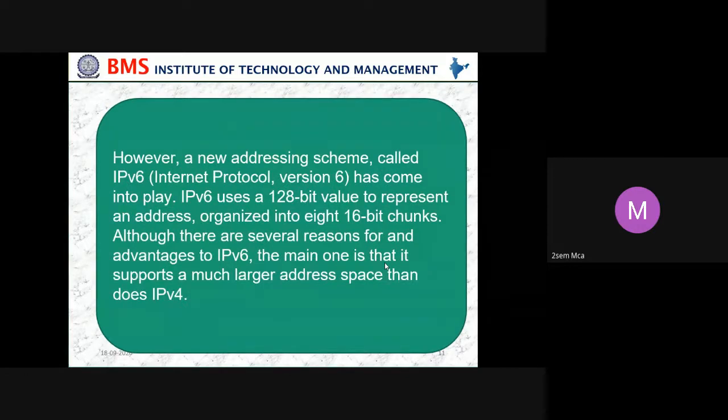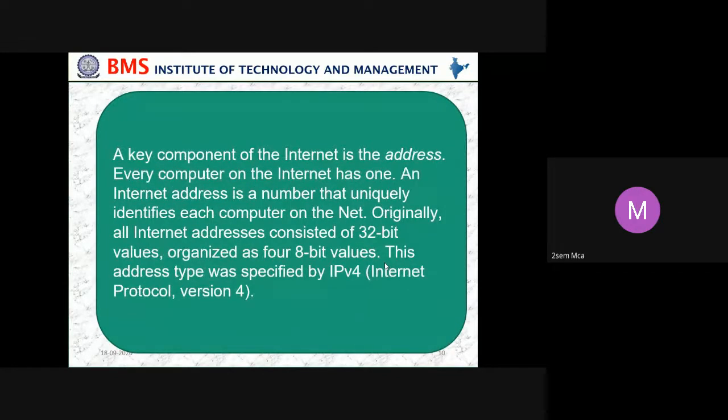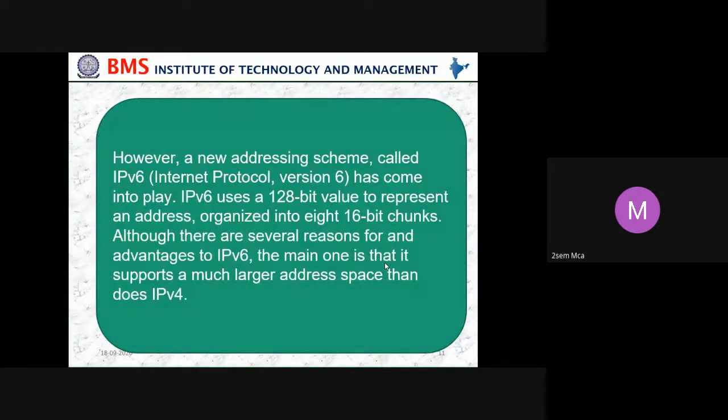Have you ever seen the new addressing scheme called IPv6? It does the same work, but the address space is increased. IPv6 uses 128-bit values. In IPv4, how much did they use? Only 32-bit values. Whereas in IPv6, we are using 128-bit values to represent an address.